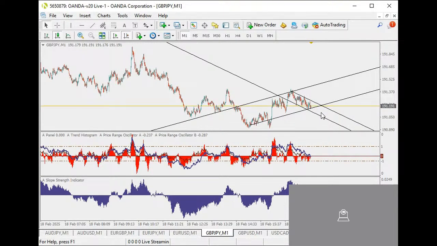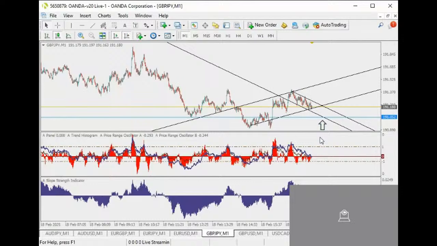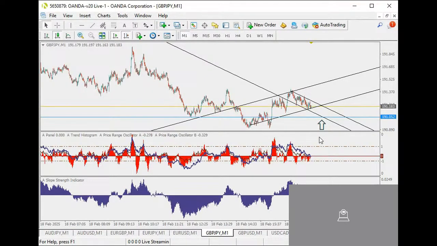So if the rate makes it all the way down to my blue horizontal line, insert an arrow, if it makes it all the way down here, I will be looking carefully, considering seriously entering a long position.